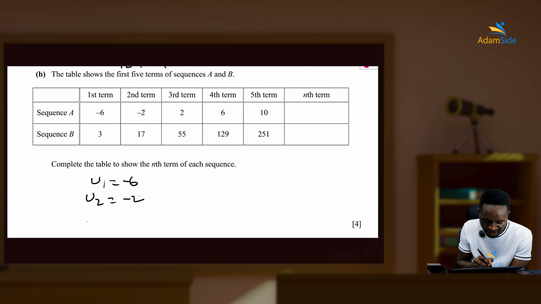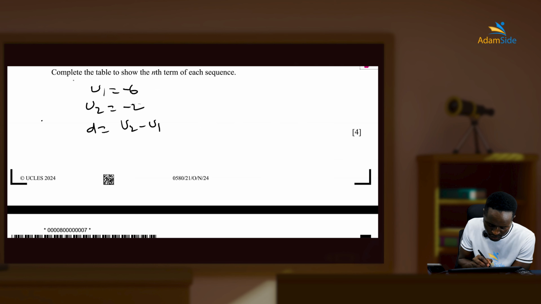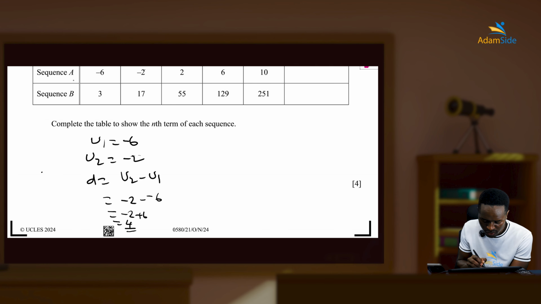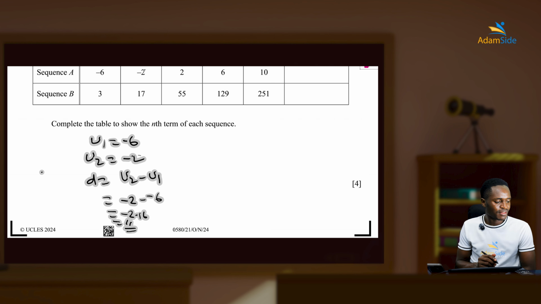So we want to find the difference in sequence A. The difference is u2 minus u1, so negative 2 minus negative 6, which is negative 2 plus 6, which is 4. So the difference here is 4.